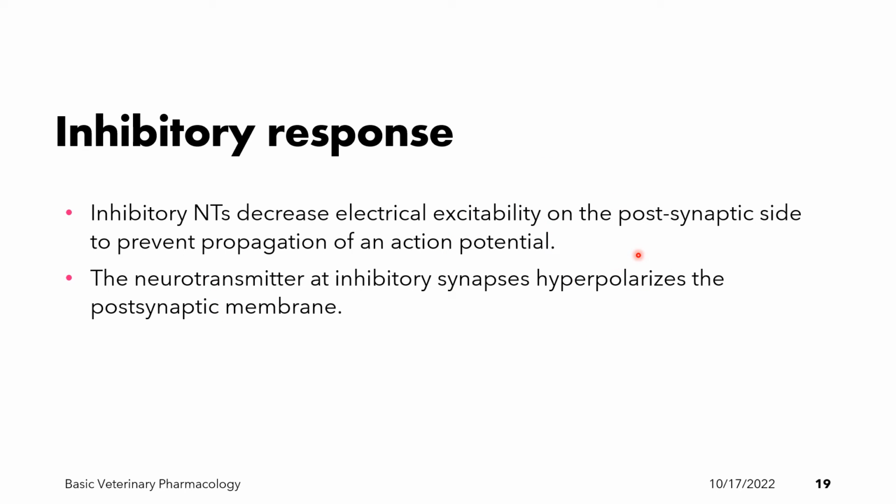When we say hyperpolarize, it will increase the negativity of that particular membrane, inhibiting the generation of the action potential. For example, it will allow the chloride ions, which are negatively charged, to enter the cell and induce the efflux of the potassium ions outside the cell.